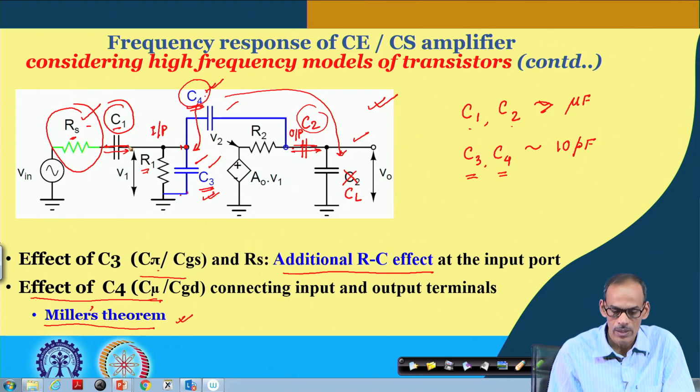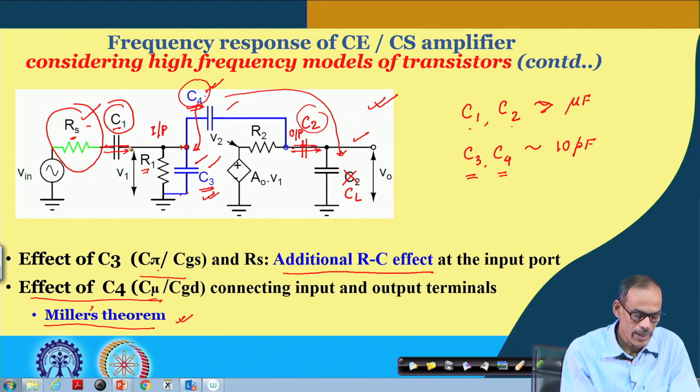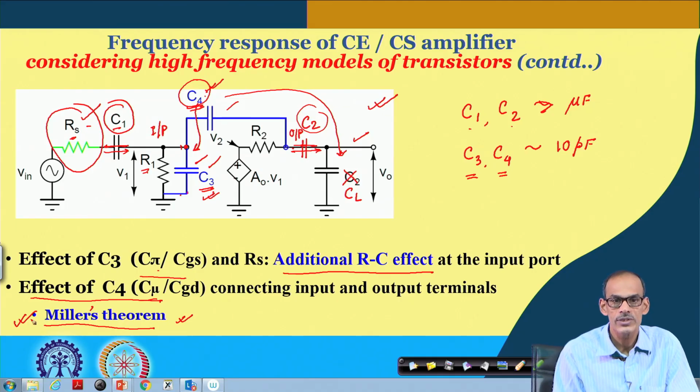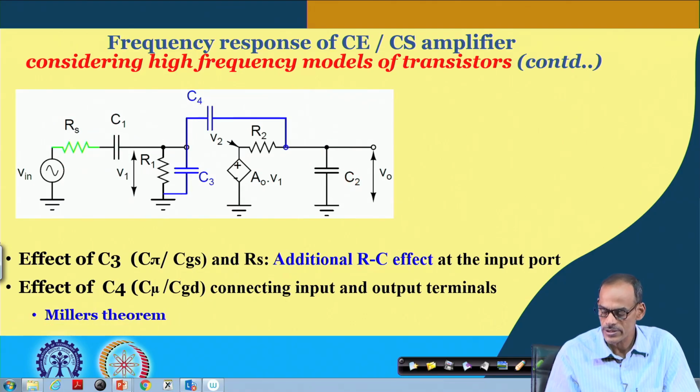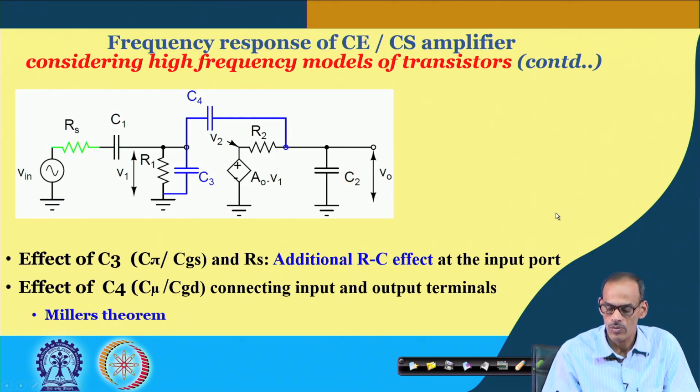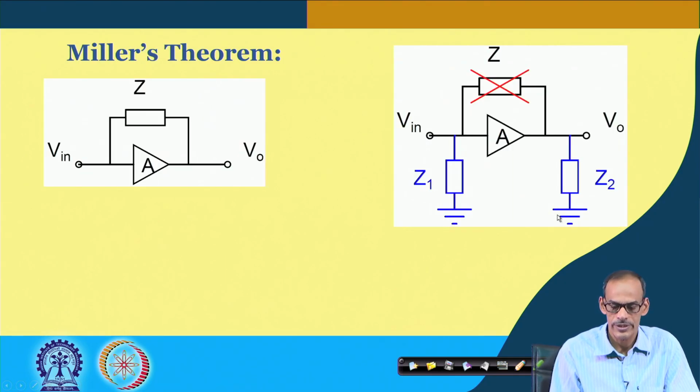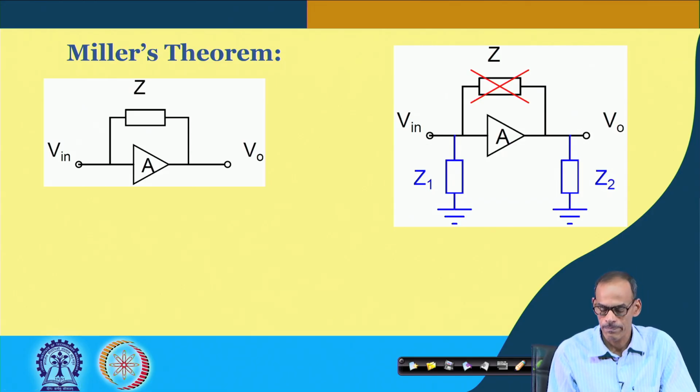Now we would like to go into Miller's theorem and see what it is, and how we split the input to output bridging capacitance into two parts: one for the input port, another for the output port.